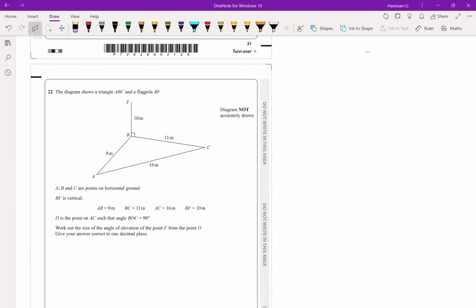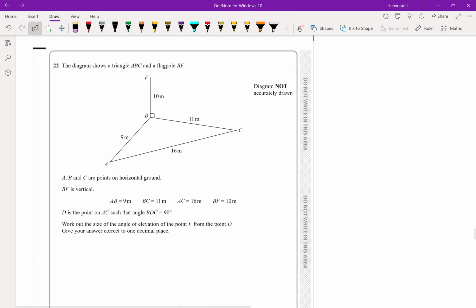Okay, the diagram shows a triangle ABC and a flagpole BF. So this is the diagram that shows A, B, and C are points on a horizontal ground. BF is vertical. So this shows the information as you can see on the diagram. So D is the point on AC such that the angle BDC is 90 degrees.